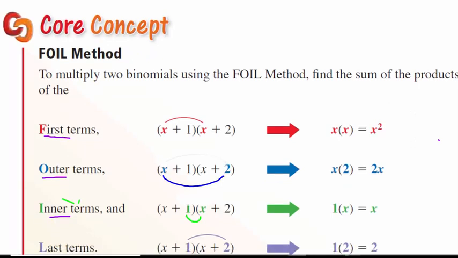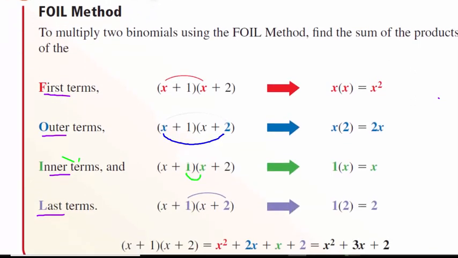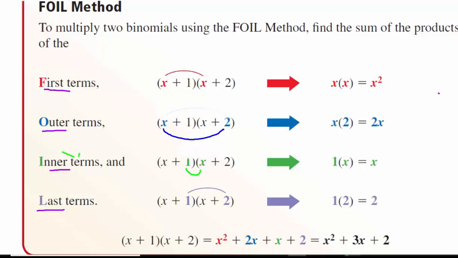You will often hear me say the word FOIL it. So in FOIL, F stands for multiply the first terms, so the x times x. O stands for the outside terms, outer, outside. I stands for the inner terms, and L stands for the last terms.